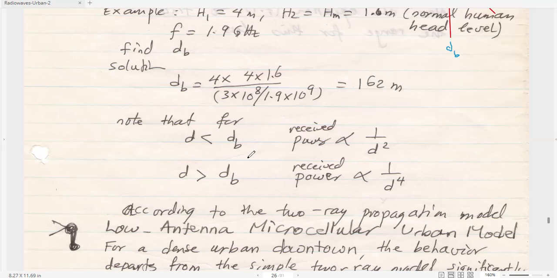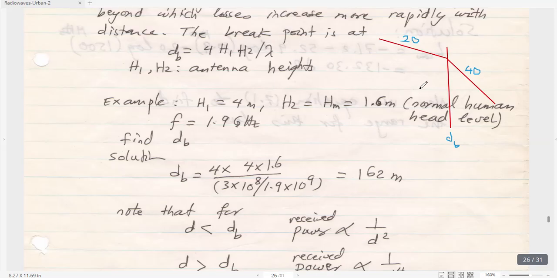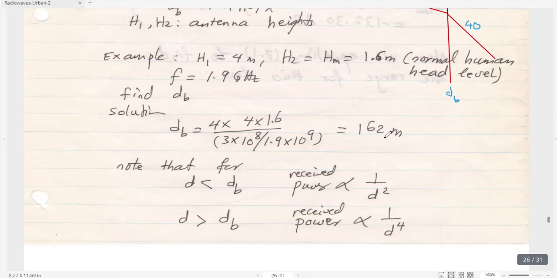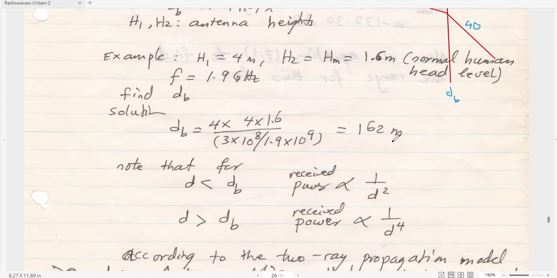distances less than the breakpoint, as we said here, the slope is proportional to 1 over d squared. When you take 10 log d squared it is 20 dB, as we said here. It's minus 20 dB. And when the distance is greater than the breakpoint, the slope is 1 over d to the 4. 10 log of this is minus 40 dB per decade.